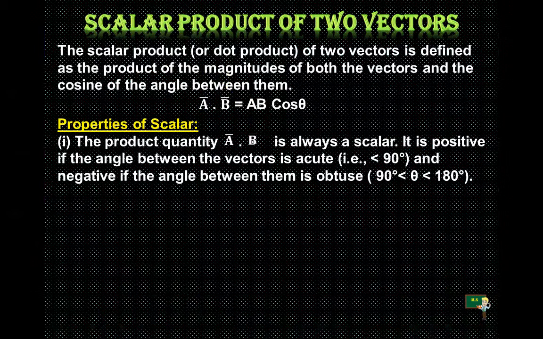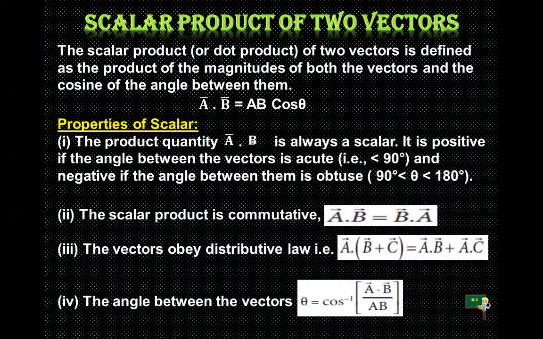It is positive if the angle between the vectors is acute, that means the angle is less than 90 degree, and negative if the angle between them is obtuse, that means theta is greater than 90 degree and less than 180 degree. The second point: the scalar product is commutative. A vector dot B vector is equal to B vector dot A vector.